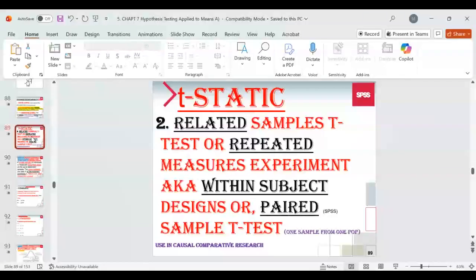Related sample t-test or repeated measure experiment, aka within subject design, also paired sample t-test. We use one sample from one population. Also used in causal or comparative research.